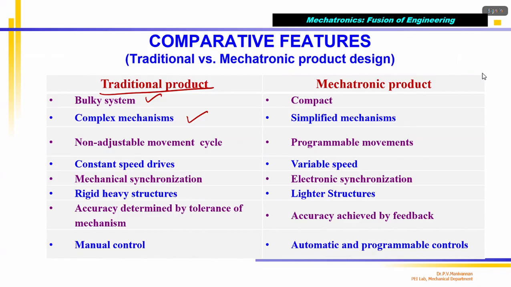There is no adjustable movement cycle. You cannot adjust. Mechanically, you can adjust something, for example, you take a shock absorber. Shock absorber, you have a spring and a damper. If you take a motorcycle, there will be a step-like thing.